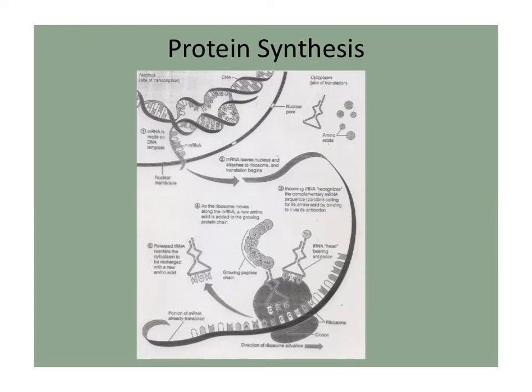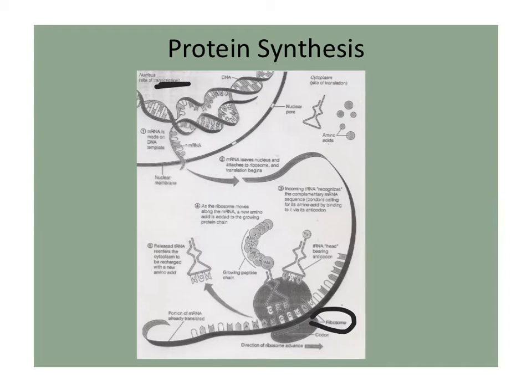One more time. Again, another artist's rendition of the same process. We have the DNA opening up. We have the messenger RNA forming here in the nucleus, which is all transcription. It leaves the nuclear pore, comes around and threads through the ribosome, which is right here.